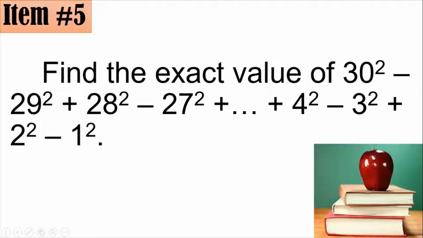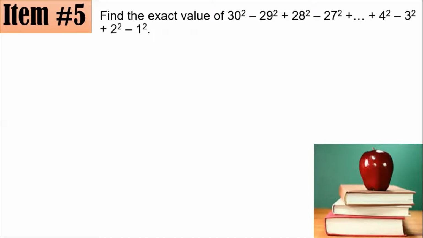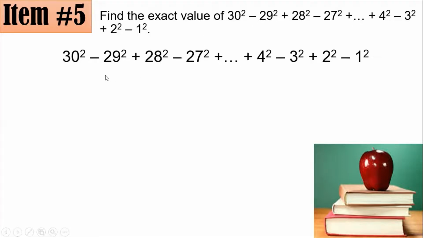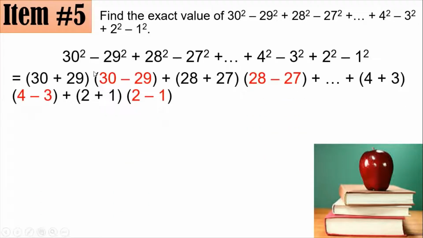And maybe some of you have encountered this type of problems probably in mathematics competitions. And in fact, believe me or not, this is an application of the sum of the first n natural numbers. And here's how. So the technique here is that we have to recognize a difference of two squares.